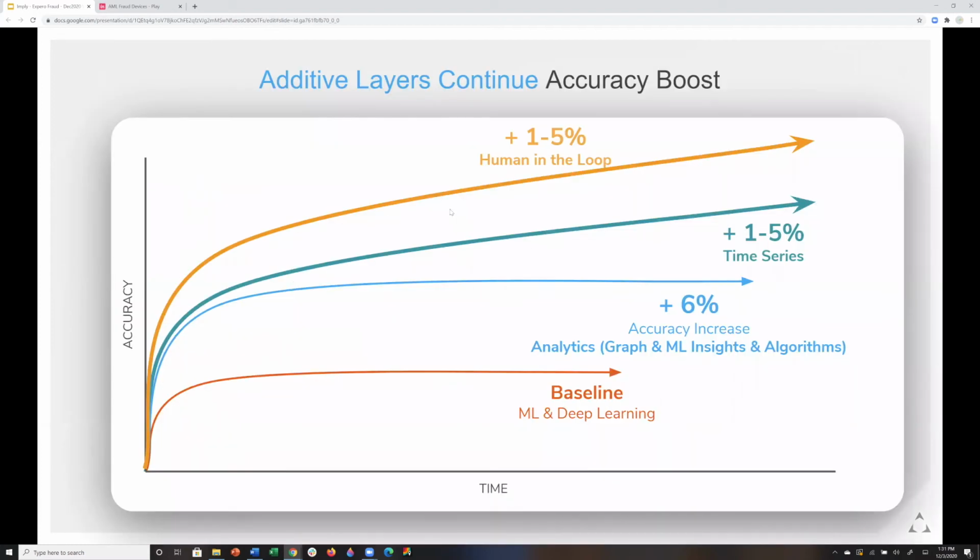So what we're really saying is each one of these techniques is additive and improves on baseline by adding these techniques on a layered approach, right? Baseline machine learning that's been in place for several years, graph analytics and graph convolutional networks that have been new over the last probably decade or so.